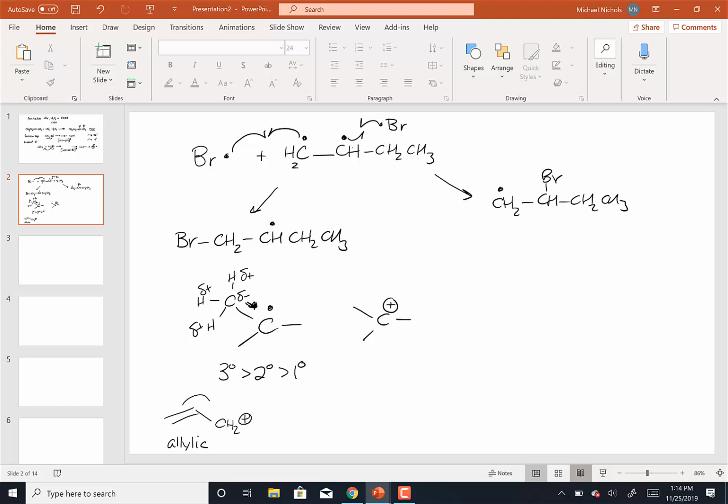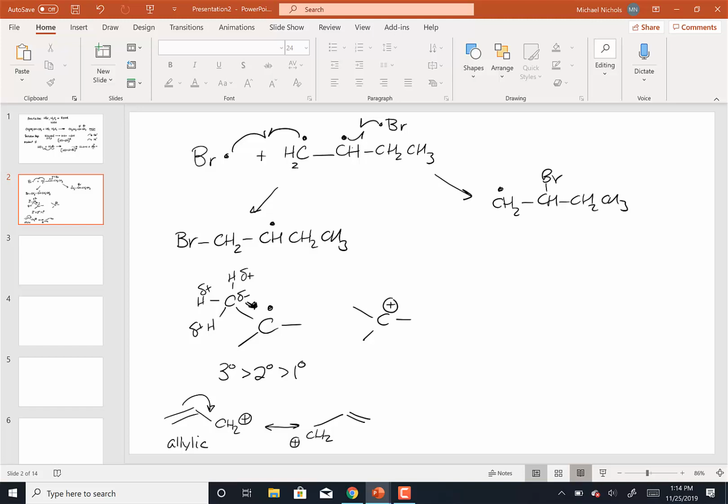And I could move this pair of electrons so that I could form that second resonance structure. And the more resonance structures you can draw, the more stable the molecule. So having a carbocation next to a double bond in the allylic position was stable. Probably as stable as a tertiary.